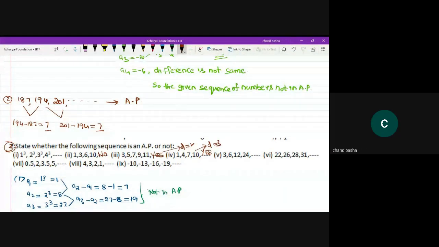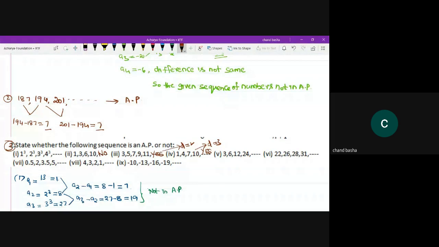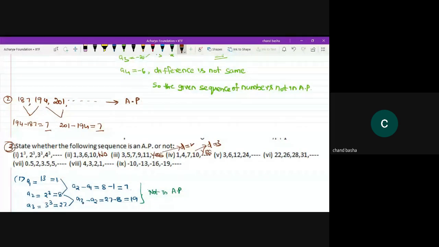Common difference is 3. Haima, what about the 5th question? Sir, it's no. So I cannot decide its common difference because the difference is not fixed. Very good, it's no. Navneet, 6th question.